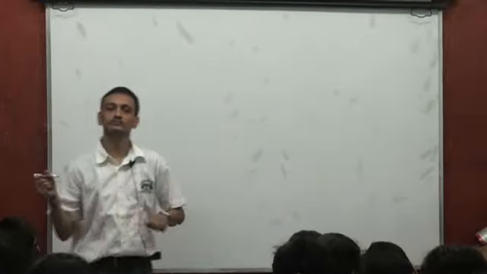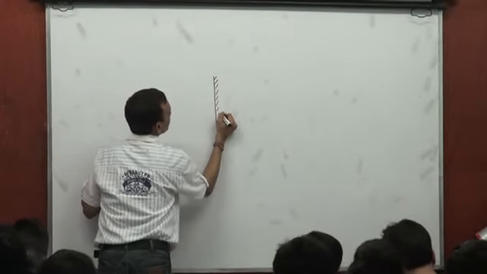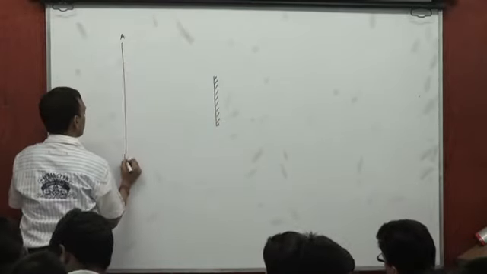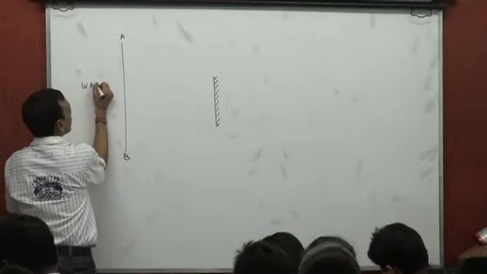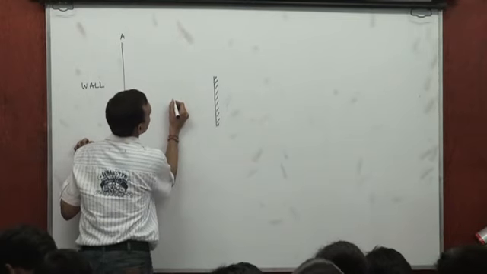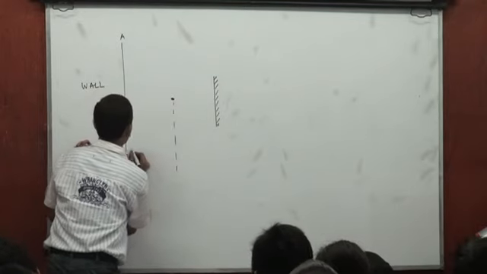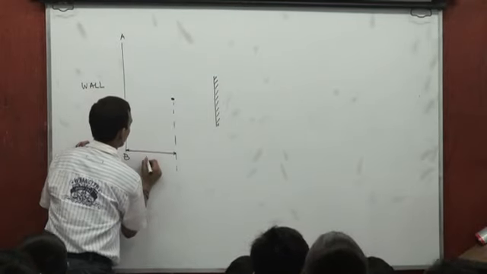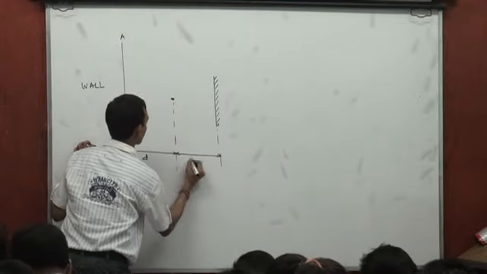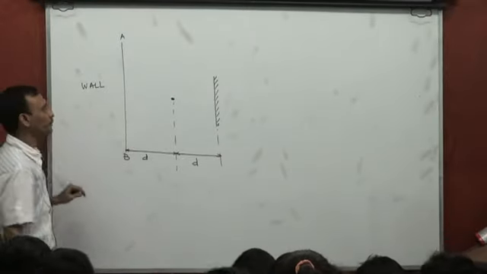Again, if this is a mirror, and there is a wall AB, and there is a man standing exactly halfway between the wall and the mirror.